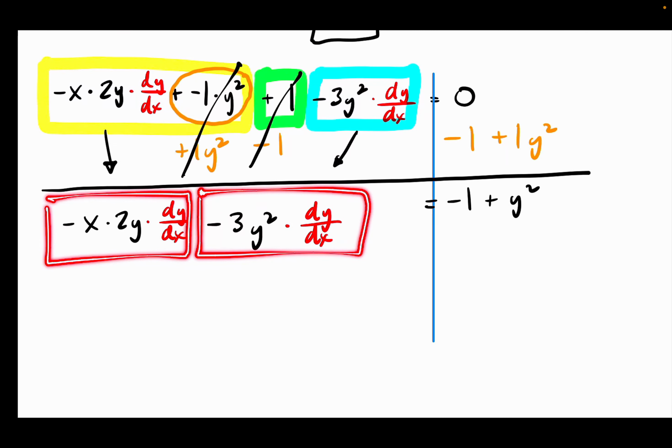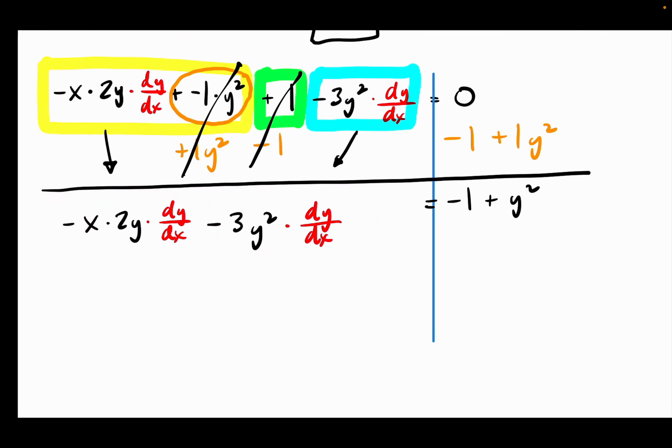Their GCF is actually more than dy dx, but we just want to factor out the dy dx. So it's going to be negative x, actually you know what, I'm going to rewrite this. Instead of negative x times 2y, it's really negative 2 times xy, minus 3y squared.